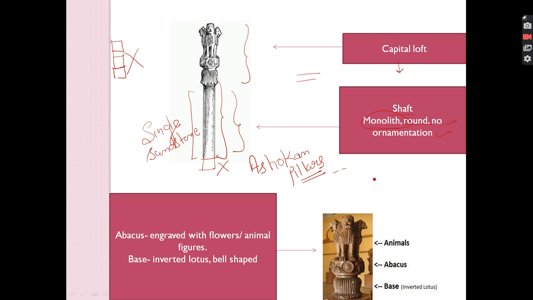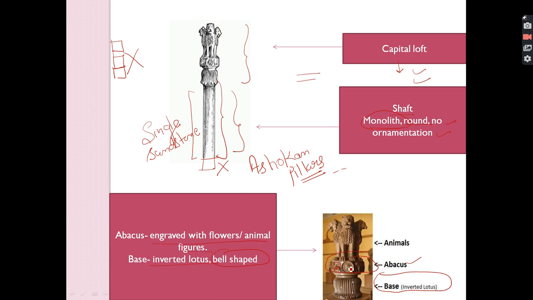This is called the capital loft, the whole part. Here the base was usually an inverted lotus or bell shaped. Apart from that, this middle region is called the abacus. The abacus was engraved with flowers, animals, figures.